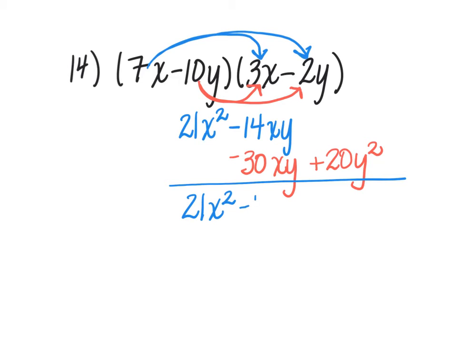When I put those together, that's negative 44xy plus 20y squared. So you can see it was a little bit more challenging, but again, the process is the same. And like I said, order doesn't matter in multiplication, but I think it's easiest just to put them in alphabetical order.